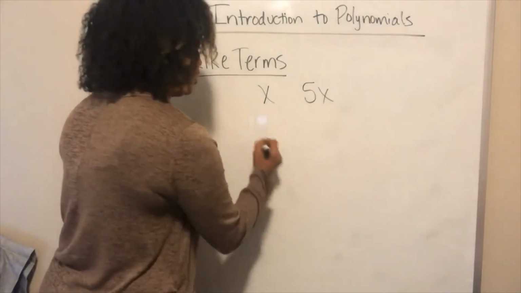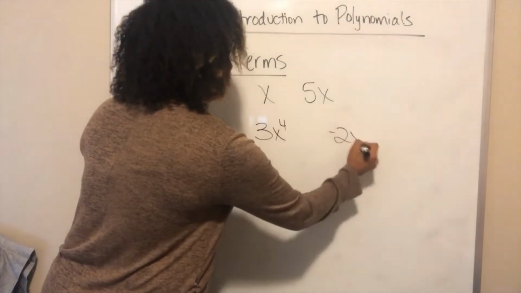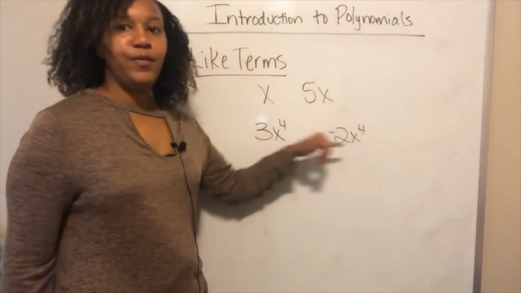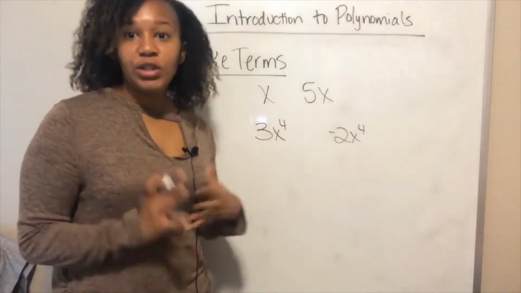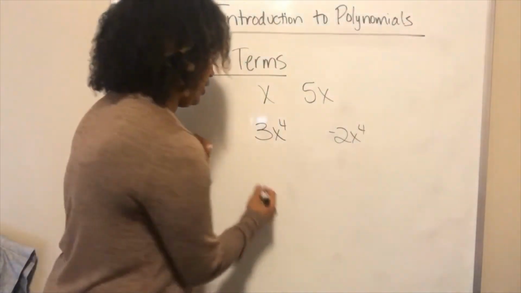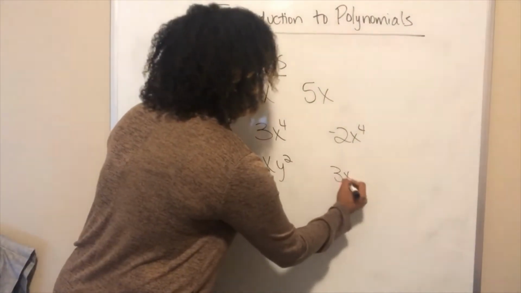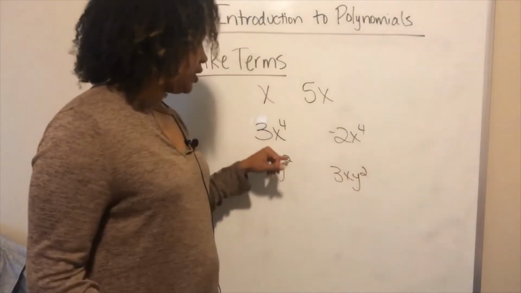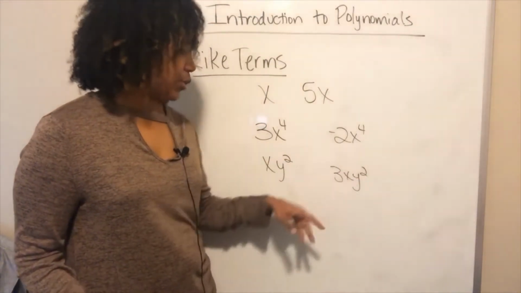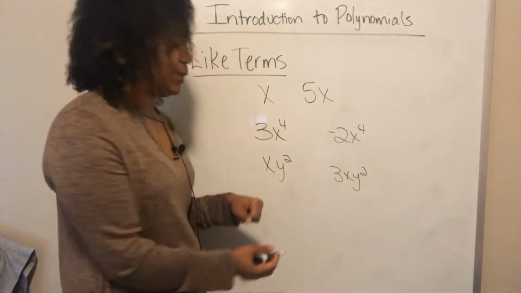Those are considered like terms. 3x to the fourth and -2x to the fourth are like terms because they have the same variable and the same exponent. One more: xy squared and 3xy squared are like terms because they have the same variables and the same exponents.